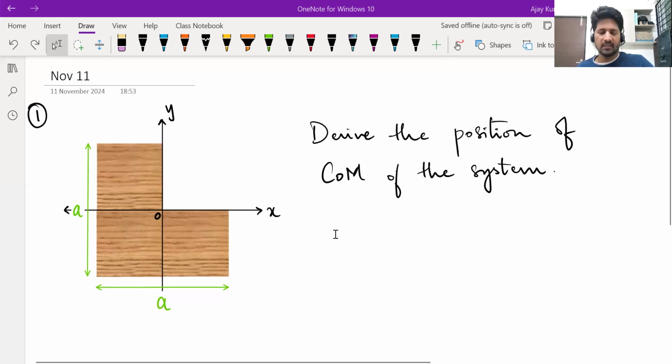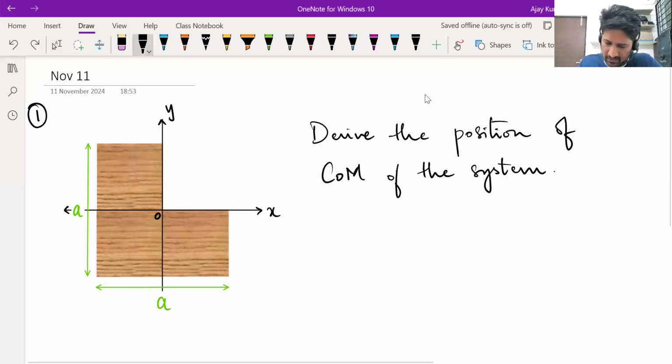Let it be. Listen, all of you, there are two ways to solve this problem. When I gave the problem, I expected you will treat it as a collection of systems, because we know where the center of mass of a square lies, at its geometrical center. So you can treat this system as a collection of three squares.